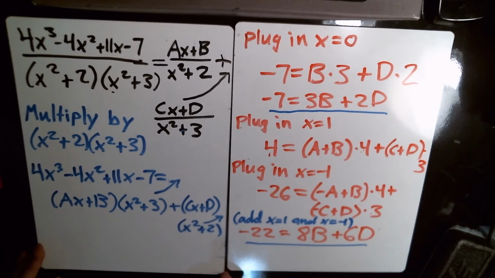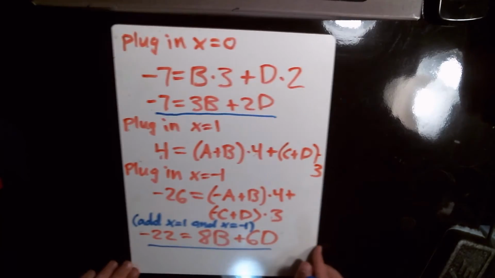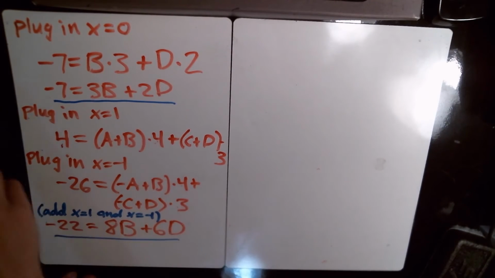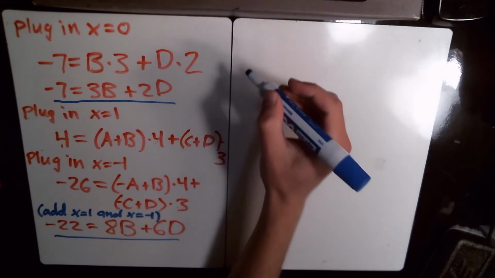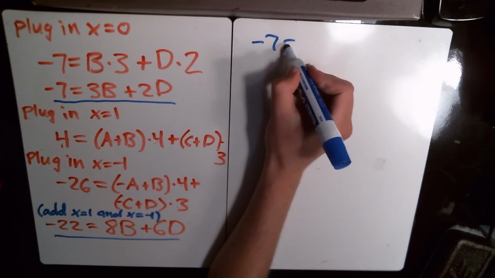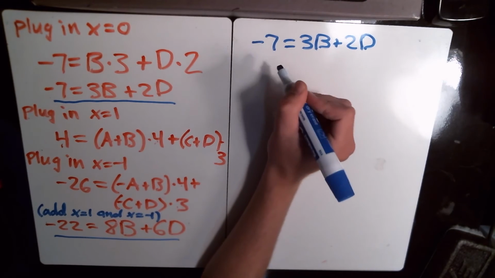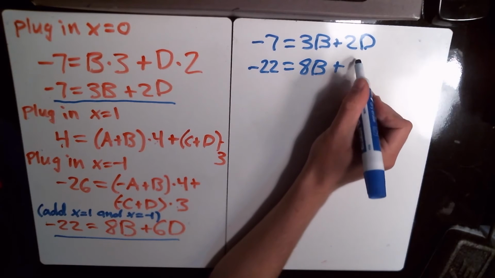Okay? I'm gonna give us some more space. So much fun, right? We'll probably need that one in a bit, but okay, so those are my two equations. -7 is equal to 3b plus 2d, and then -22 is 8b plus 6d.